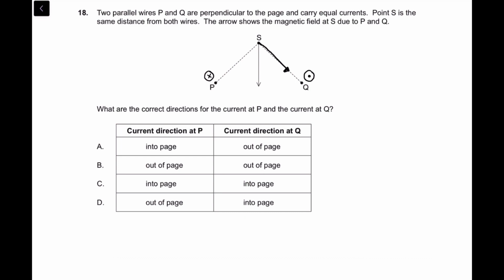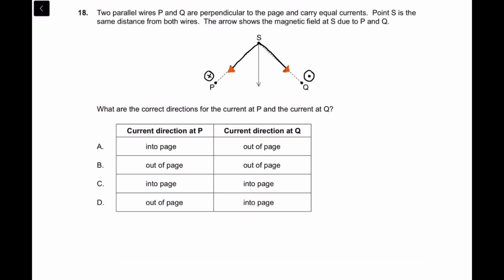Now put your thumb in the outward direction of the paper and rotate the other four fingers. Then in this direction you will get the magnetic field at S. Just try this at home.